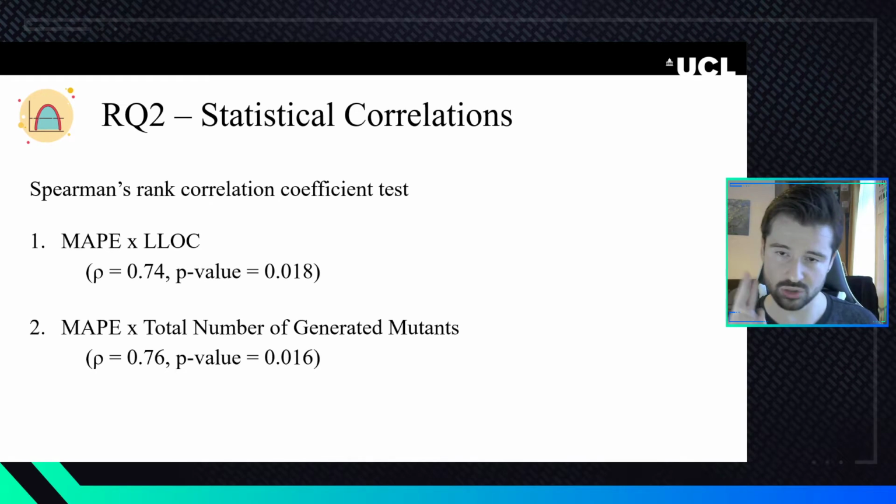We found only 2 statistically significant and large correlations, namely between the mean absolute percentage error and the logical lines of code, and the mean absolute percentage error and the total number of generated mutants for the program. In other words, the bigger the program, or the more mutants the program has, the less reliable the number of mutants is at capturing the true cost of the reduced set of mutants.